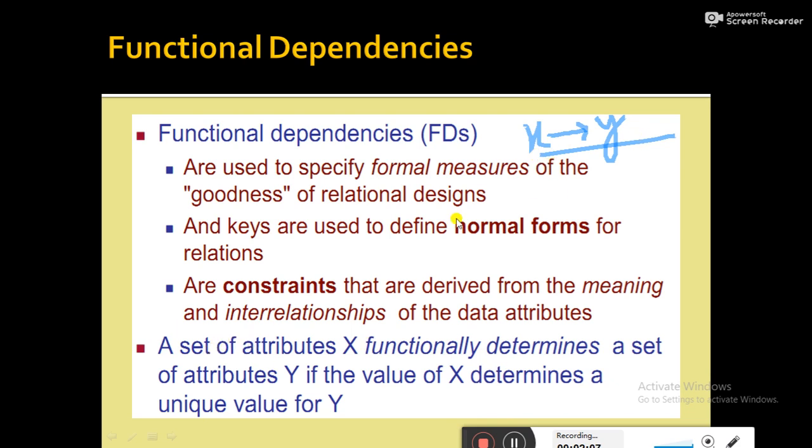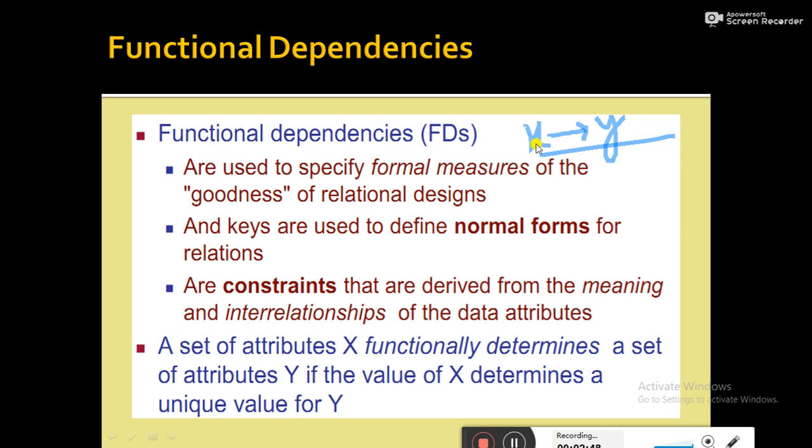So an attribute or set of attributes X functionally determines an attribute or set of attributes Y if the value of X determines a unique value of Y. In a simple way, for a particular value of X, if there is a unique value of Y, then we can write X arrow Y. That means Y is functionally dependent on X, or in other words, X functionally determines Y. Basically, with the help of functional dependency, we are imposing a constraint between two sets of attributes.